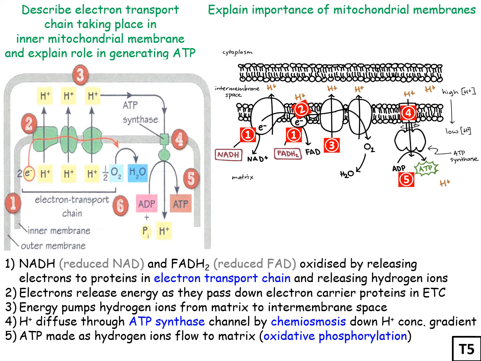This provides the energy for ATP to be made as hydrogen ions flow to the matrix, and this is known as oxidative phosphorylation, where ADP is phosphorylated with an inorganic phosphate and converted into ATP.